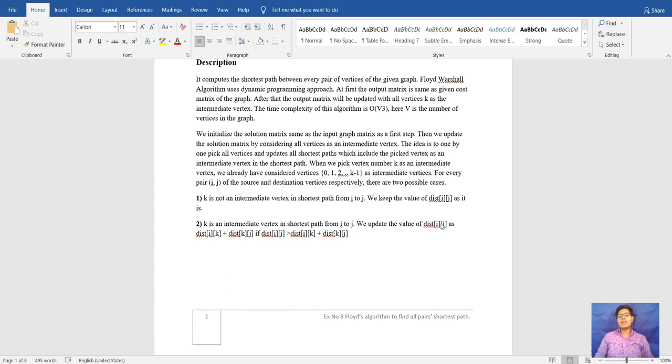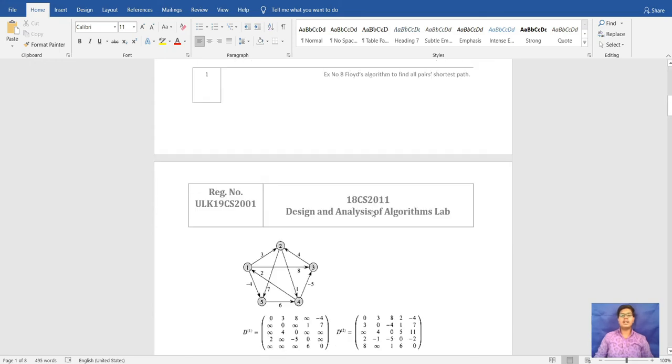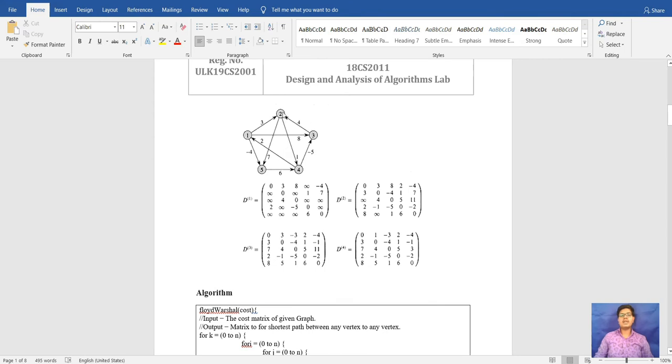So dist[i][j] is the weight, and if the condition holds, it will be replaced by the sum of dist[i][k] and dist[k][j]. In the given graph there are five vertices, 1 2 3 4 5, all connected to each other.